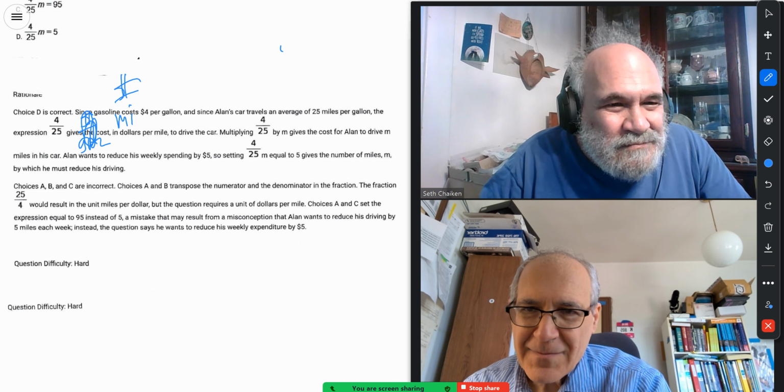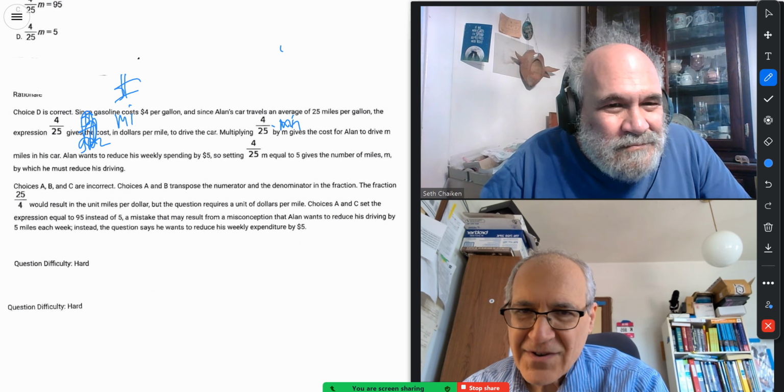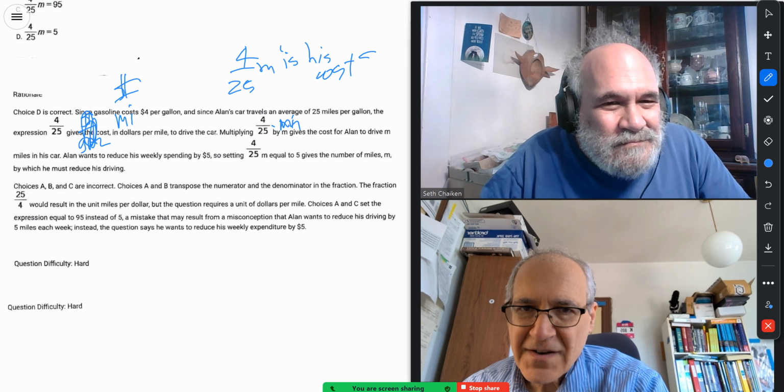Okay, multiplying by miles gives the cost in dollars, which is m miles gives the cost for Alan to drive his car m miles. So 4/25 m is his cost in dollars.